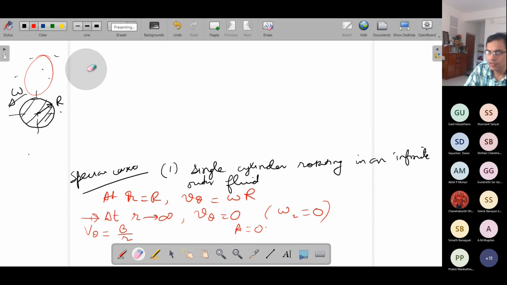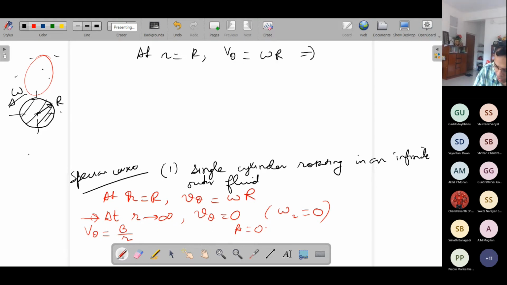So how do you find out B is very straightforward. Let us do that one step just for clarity. So at small r equal to capital R, v theta is equal to omega R. So that means omega R is equal to B by capital R. So B is equal to omega R square. So v theta will be simply omega R square by small r.